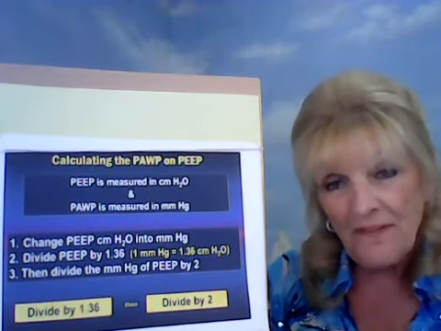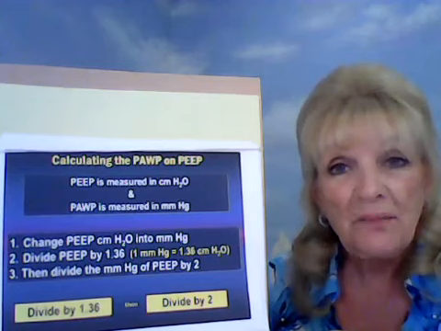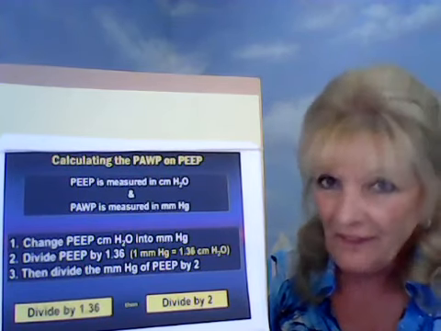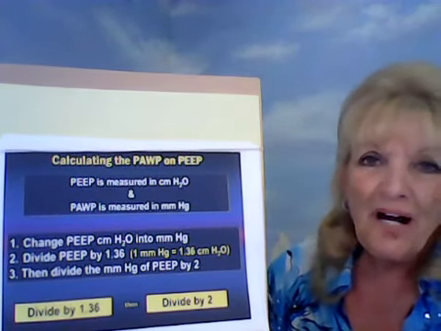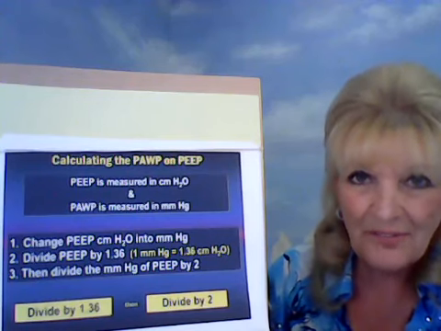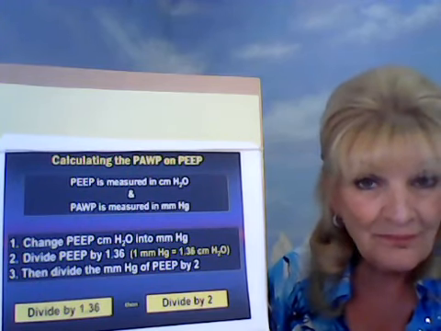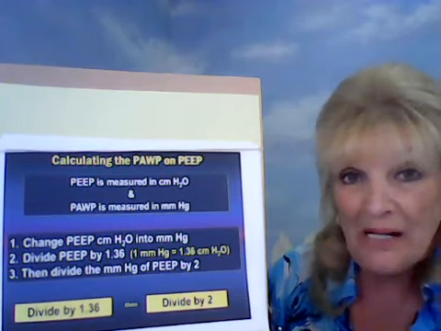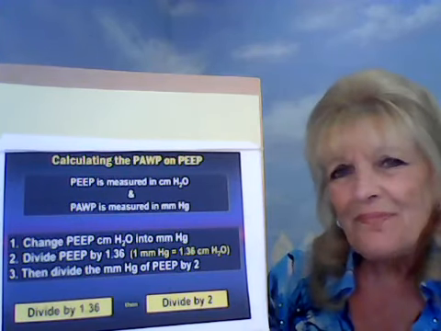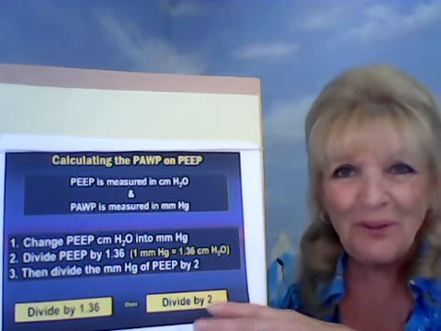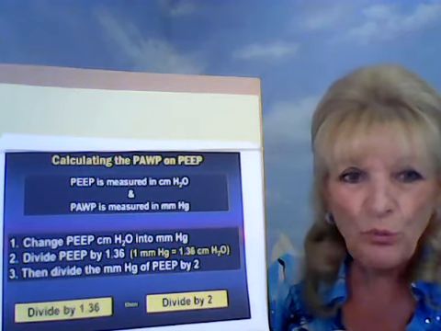You take the PEEP that the patient is on, and it has to be a PEEP greater than 10. You take that PEEP and you divide it by 1.36. You get a number, and then you divide that number by 2. And then you take the remaining number and subtract it from your wedge.